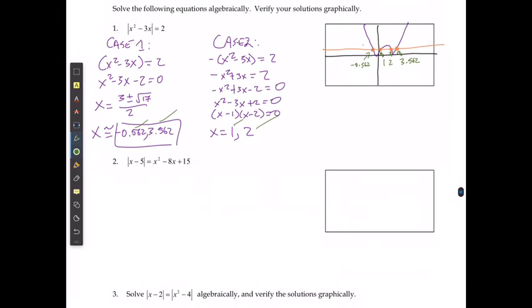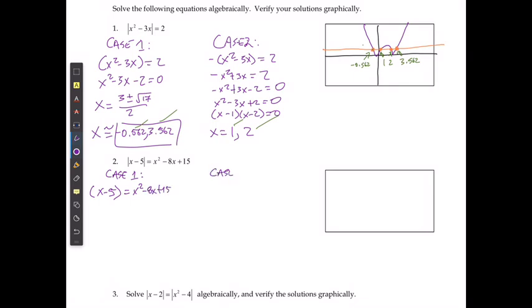For the next example, once again, my absolute value is already isolated, so I'm going to say that case 1 is going to be the positive. X minus 5 is equal to x squared minus 8x plus 15.